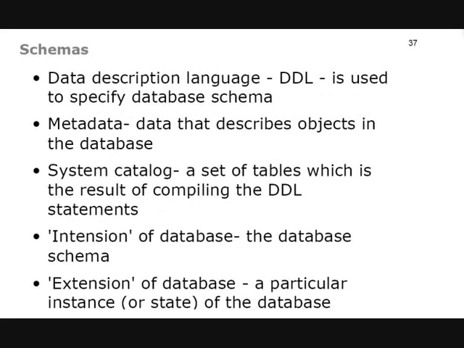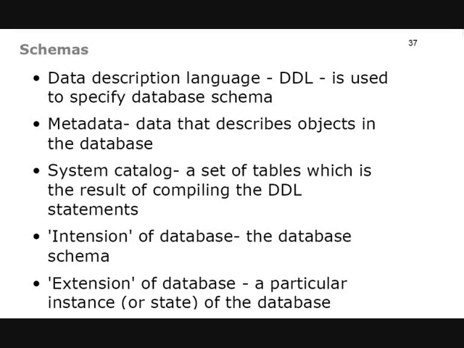To define the schemas, I use my data definition language, which we have talked about before. It allows me to define objects in the database and the metadata. So I need a data description language, or data definition language, and with that I can specify the database schema.